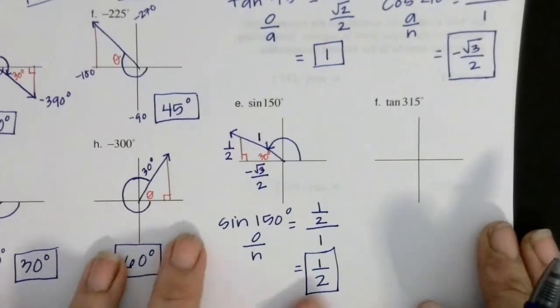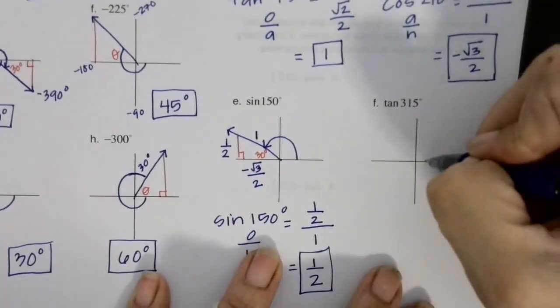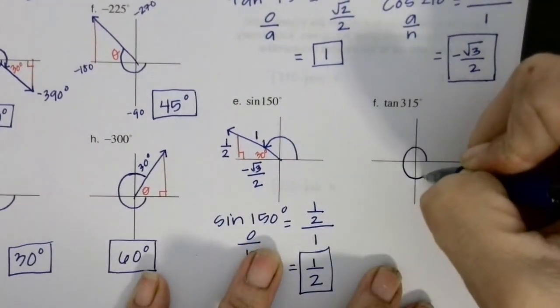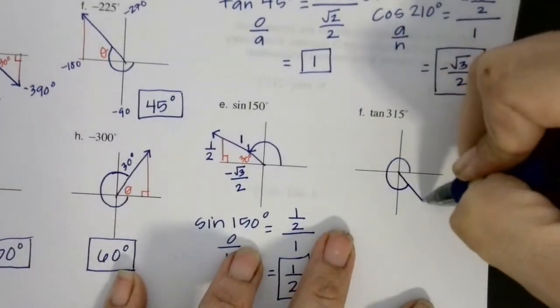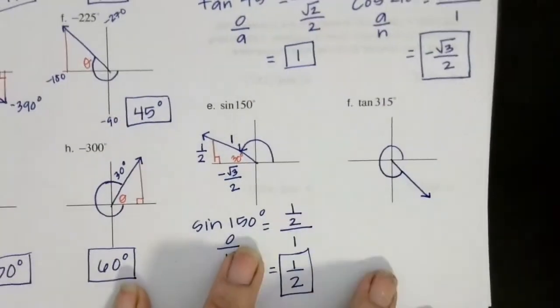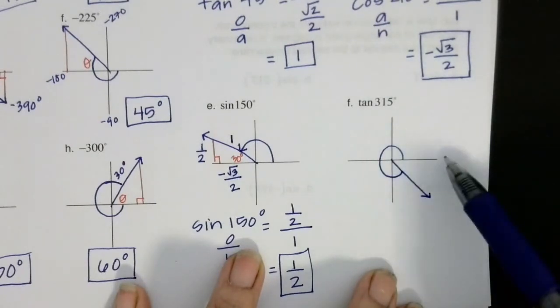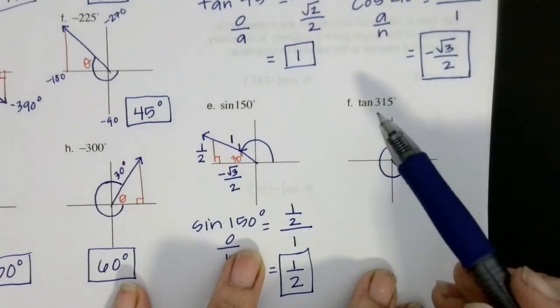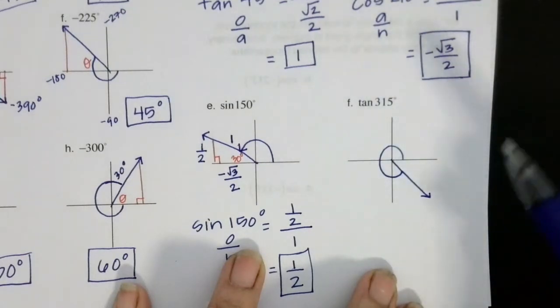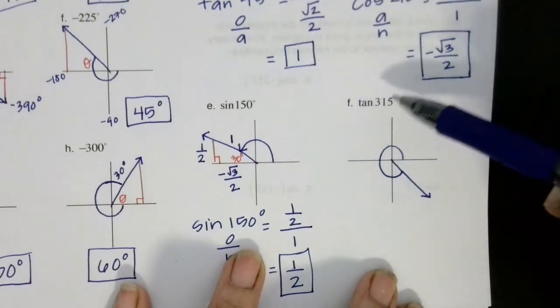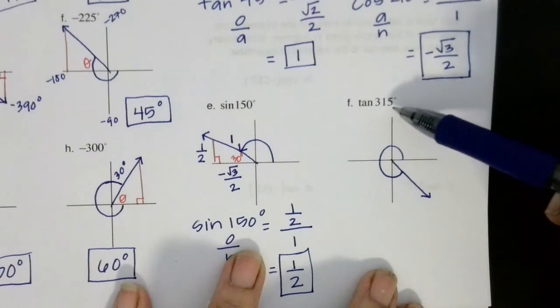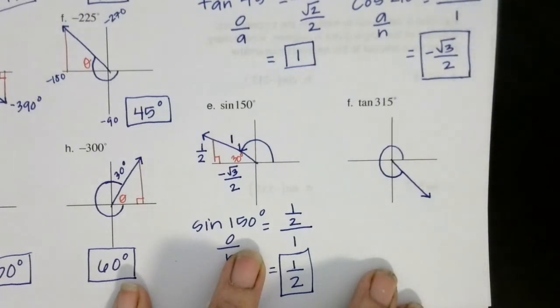Alright, tangent of 315 degrees, so tangent of 315 degrees is right here. If you're wondering how I'm graphing that so quickly, like I know this is 270 and that's 360, and I also know these problems are rigged because it says without a calculator. So if you can't do it with a calculator, anything that ends in a 5 has to be a 45 degree angle.